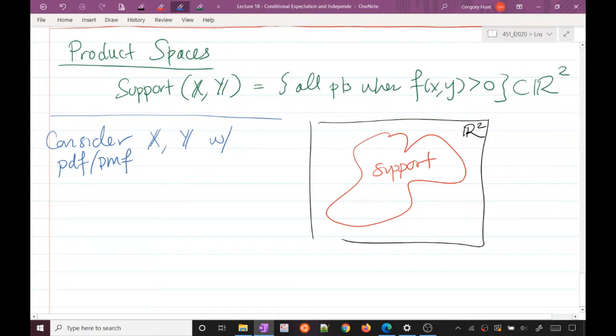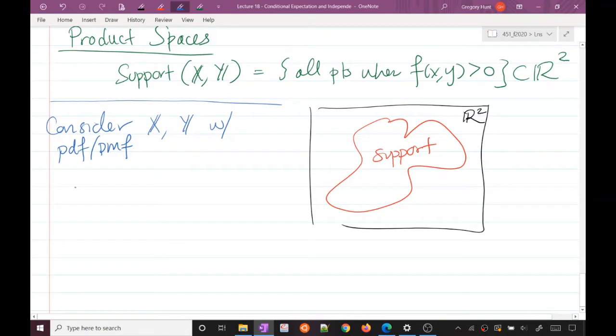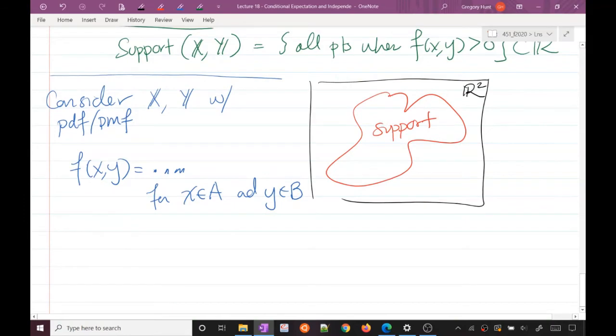I'm going to be lazy at this point, where f of x, y is equal to something, whatever it is. And then I can say for x in a set A and y in some set B, and A doesn't depend on y, and B doesn't depend on x.